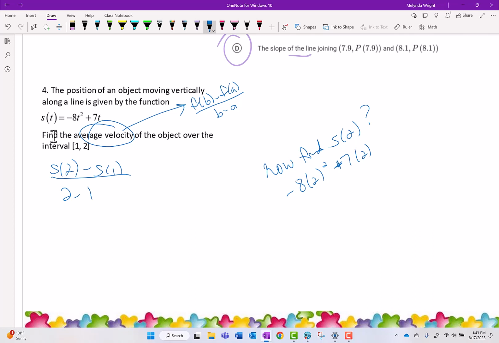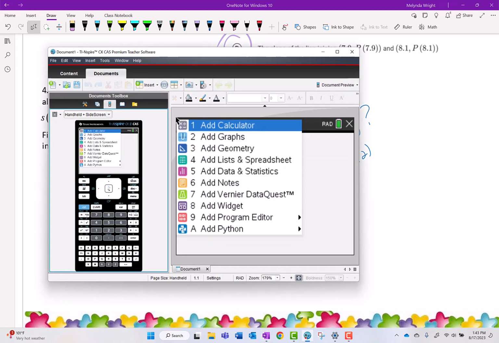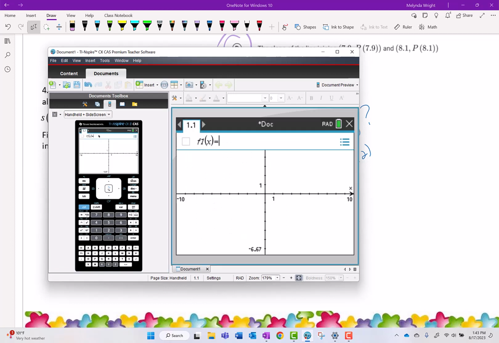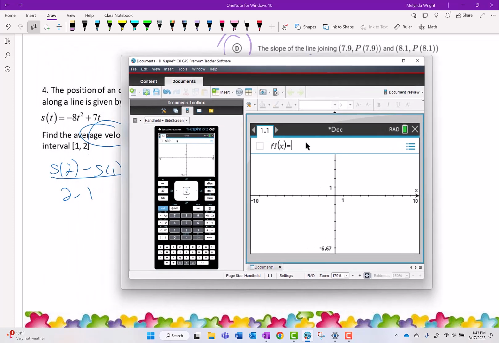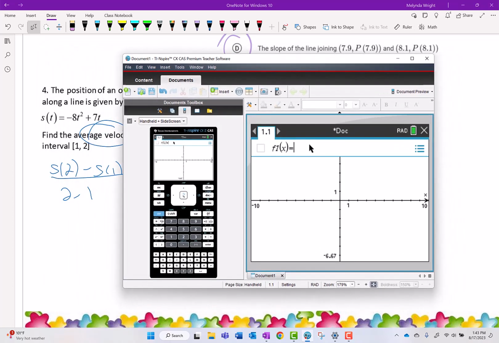Okay, so let's go to our calculators. Let me go over here real quick so I can see it as I'm working it. All right, so let's get our calculator, and I'm going to go to the grapher. I'm going to add a document. I'm going to add a graph. In the grapher, I'm using the grapher to store my formula. Let me make this big.